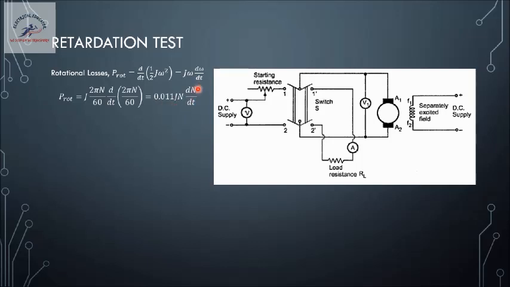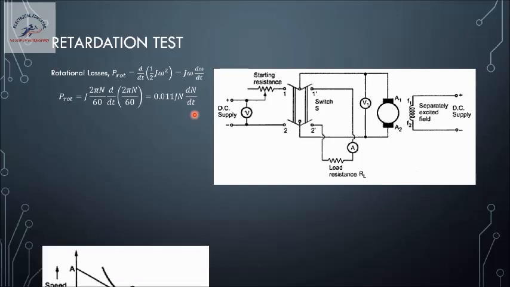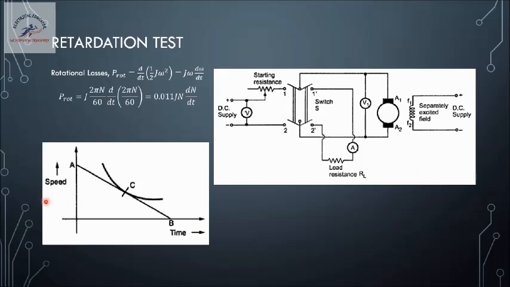If we switch on the machine and run it above the rated speed, cut off the supply to the armature, and observe the drop in speed, at each instant we can plot a speed-time curve. For each instant we note down the value of speed and plot a graph.